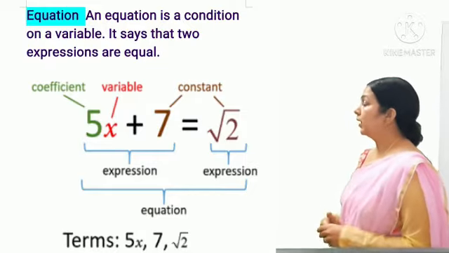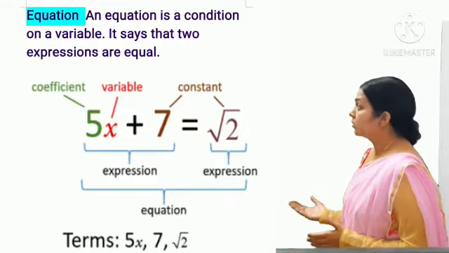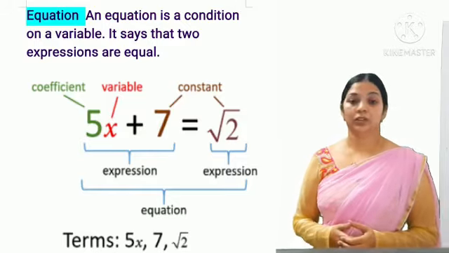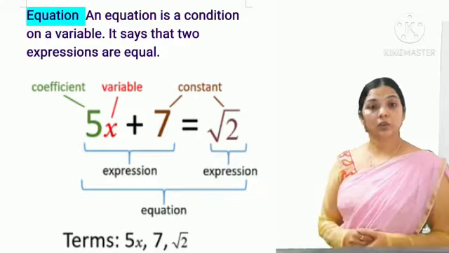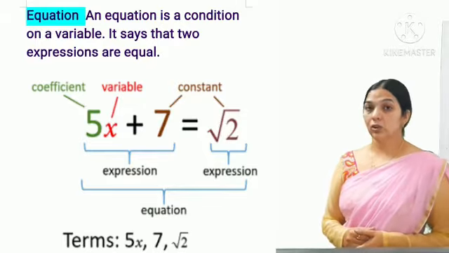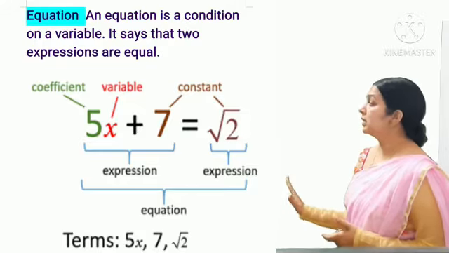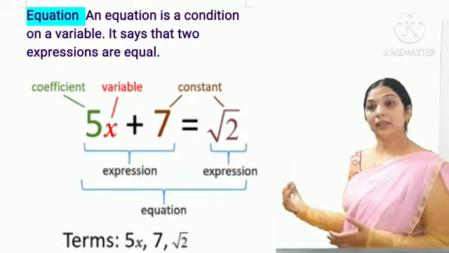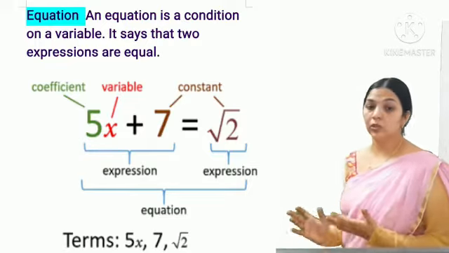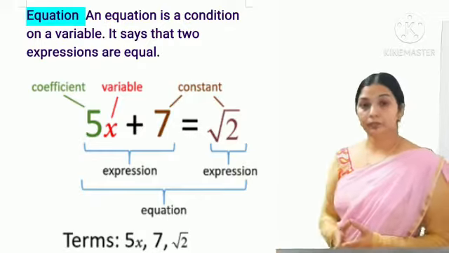Because here we have x as a variable, 5, 7 and root 2 as constants, and plus as an operation. Here 5 is known as the coefficient, x is the variable, and 7 and root 2 are constants. So this expression, 5x plus 7, is known as an algebraic expression. Now, since the equal sign is there, it becomes an equation. The terms are 5x, 7 and root 2.